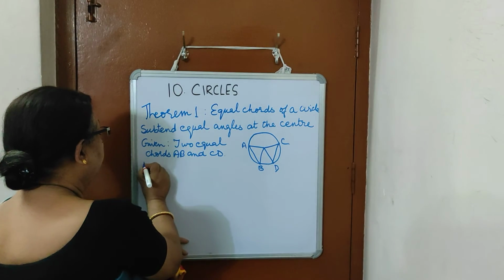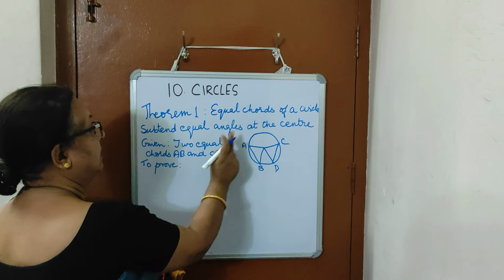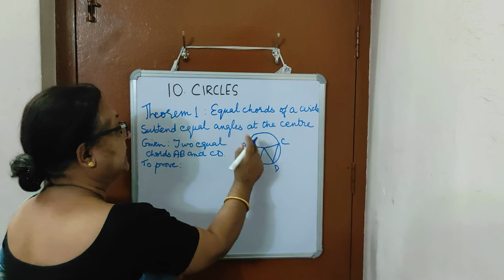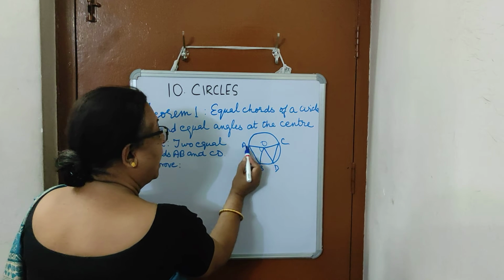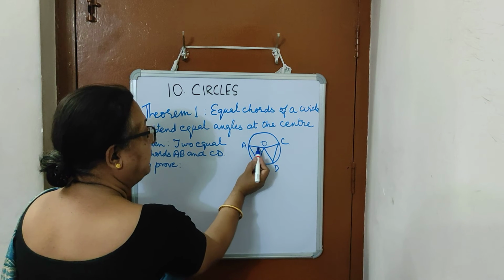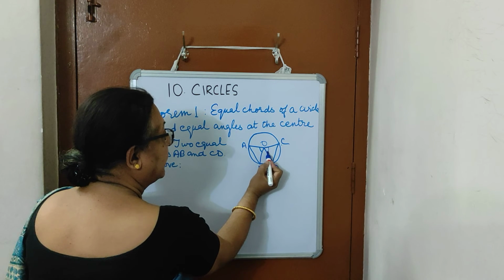And what do you have to prove? They make equal angles at the center. This is the center. This chord AB makes this angle here, and chord CD makes this angle at the center.